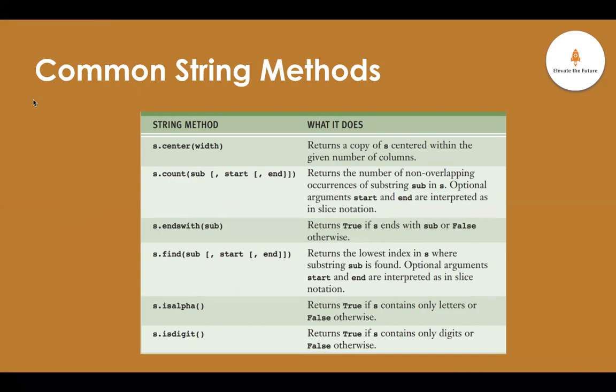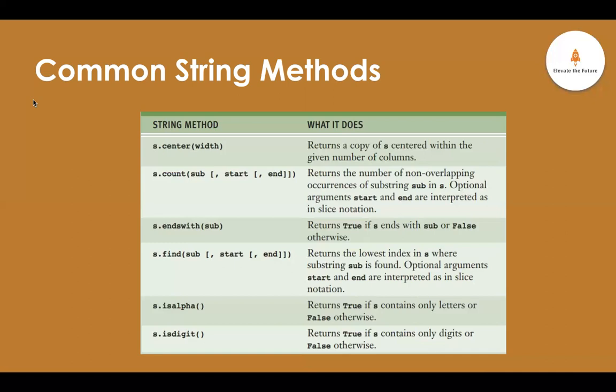Another one is endswith, which returns true if S ends with sub or false otherwise. Another one is find, which returns the index in S where substring sub is found. Optional arguments start and end are interpreted as in slice notation.